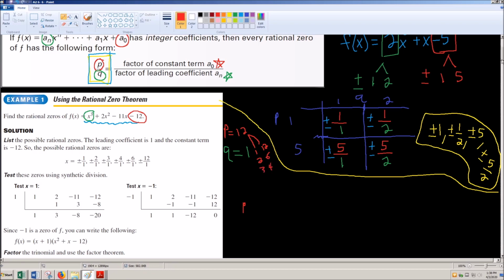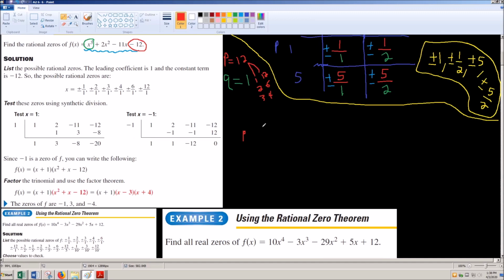So in terms of breaking this down, all my different possible p factors, I could have 1, 2, 3, 4, 6, and 12.